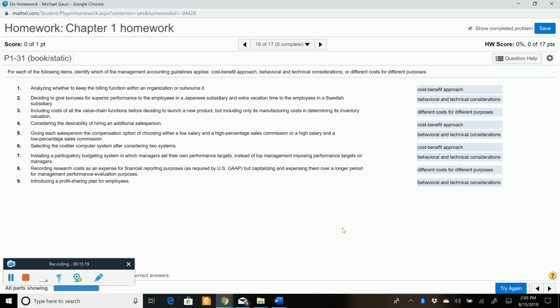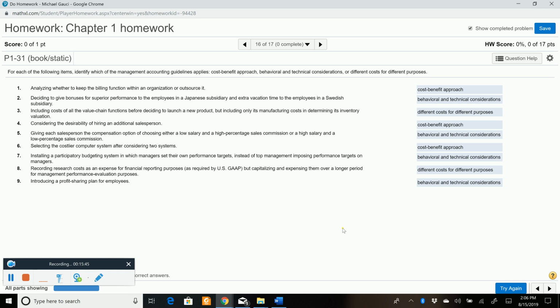Behavioral and technical considerations. In a certain part of the world, they are going to be more motivated by money. In this case, we believe our Japanese subsidiary is going to be more motivated by extra money, bonuses. But over in Sweden, they don't want extra money. They want extra vacation time. So certainly this is something that we would consider.